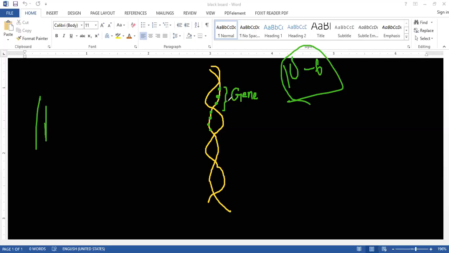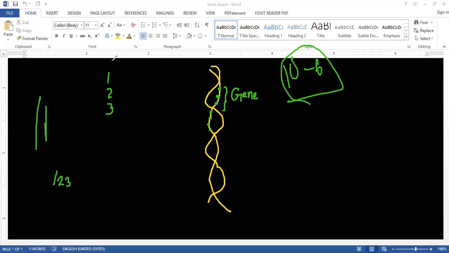deoxyribonucleotide is the gene. For example, you know that 1, 2, 3, there are 3 numbers. In this order, you can create 1, 2, 3.